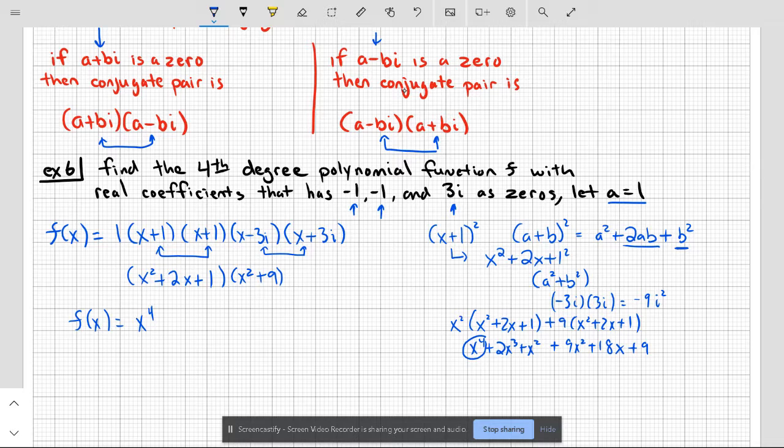Next up is x cubed, so there's only 1, so it's going to be plus 2x cubed. So I'm going to circle that that way I'm keeping track of what I'm writing. The next one is x squared and plus 9x squared, so we're going to say plus 10x squared, so that's gone. And then we have the plus 18x, and then we have the plus 9. So those were the last ones.